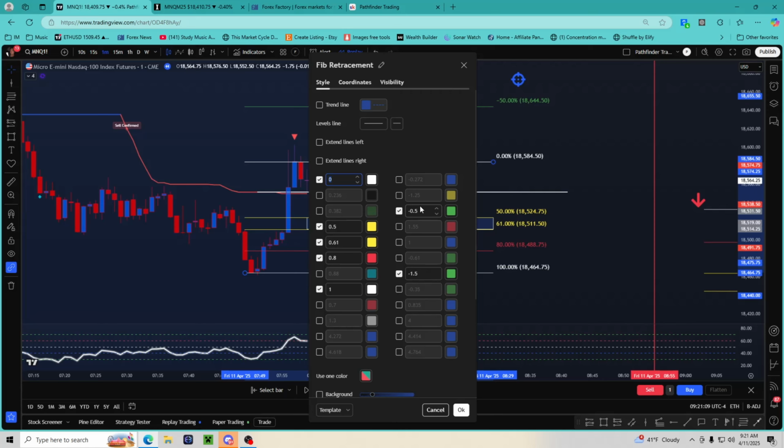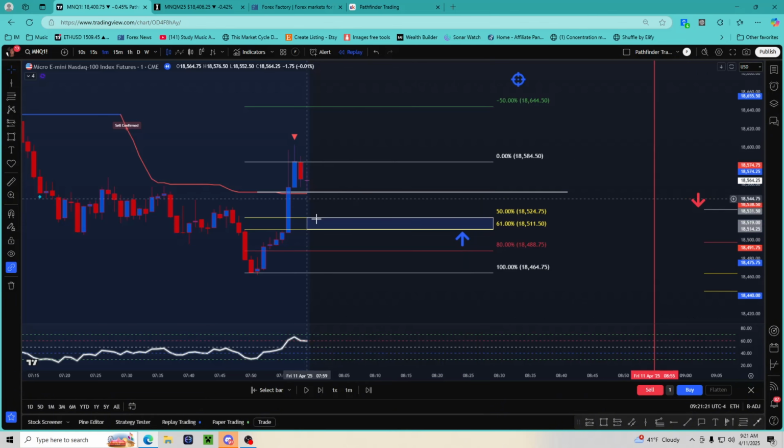You have your two targets over here, 0.5 and 1.5 negative, by the way, negative 0.5, negative 1.5. And then you have your lines right here, okay? So this is how your settings should be. Your 100% should be at the bottom. Your 0 should be at the top with your 50, your 60, your 80 for a potential stop loss level. And then you have your target up here at 50%.